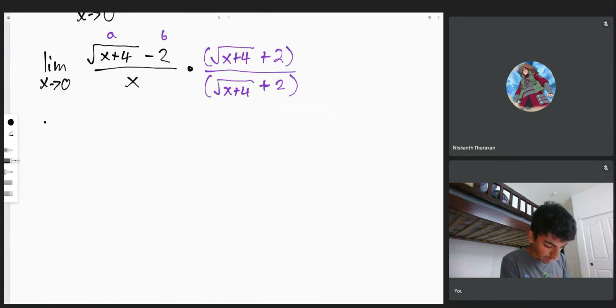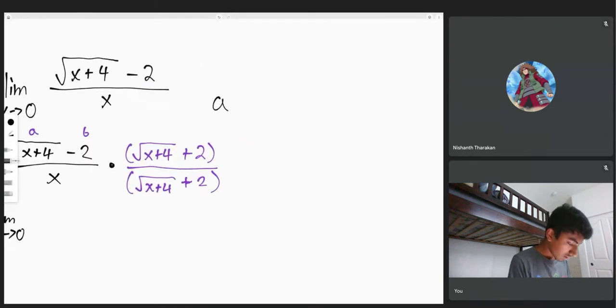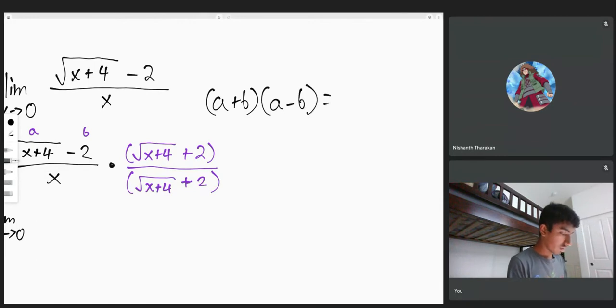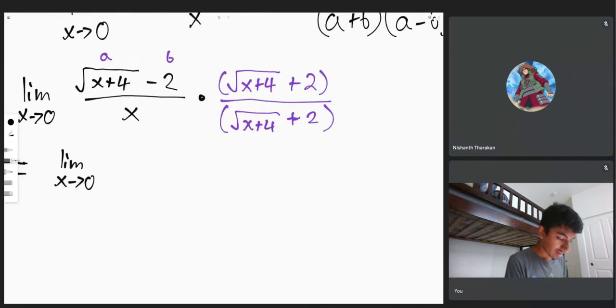Now we have the limit as x goes to 0. Now, what we know will happen is that a plus b times a minus b will equal a squared minus b squared. So let us just go through that. We don't need to expand it or anything. The square of the square root of x plus 4 is going to be x plus 4.